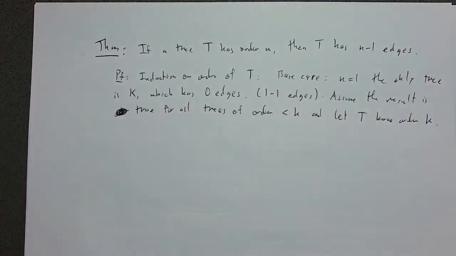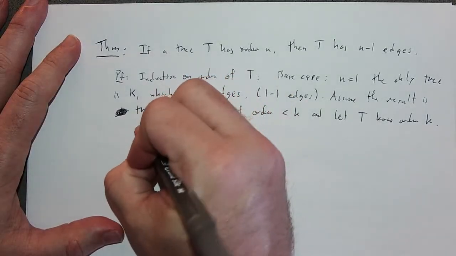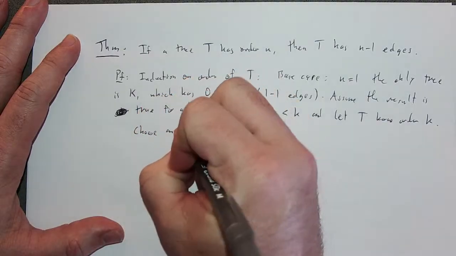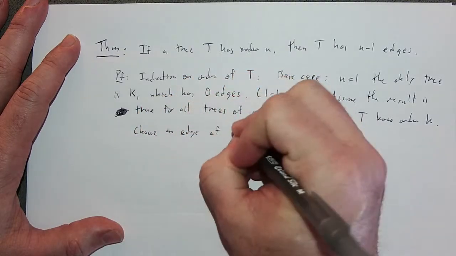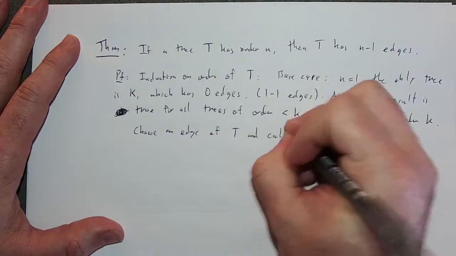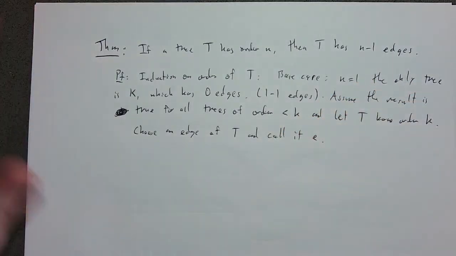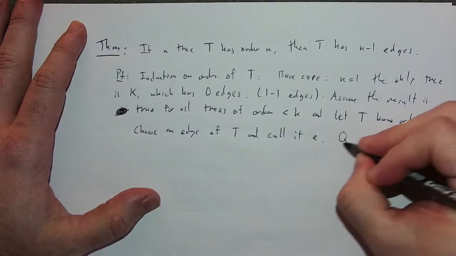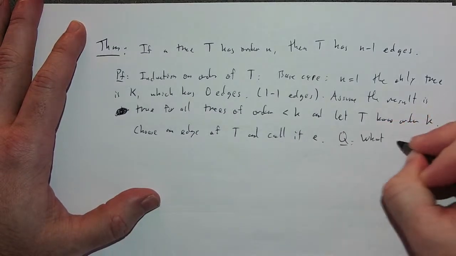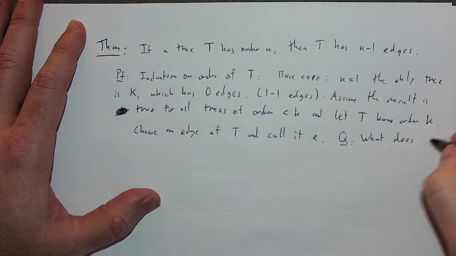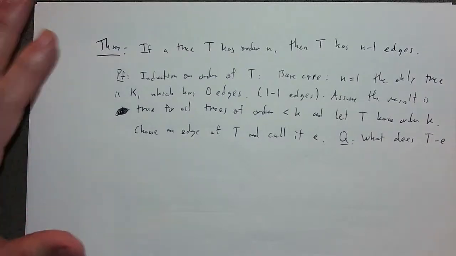We want to show that T also satisfies this, has k minus 1 edges. So choose an edge of T, any edge. Call it E. Question. What does T minus E necessarily look like?